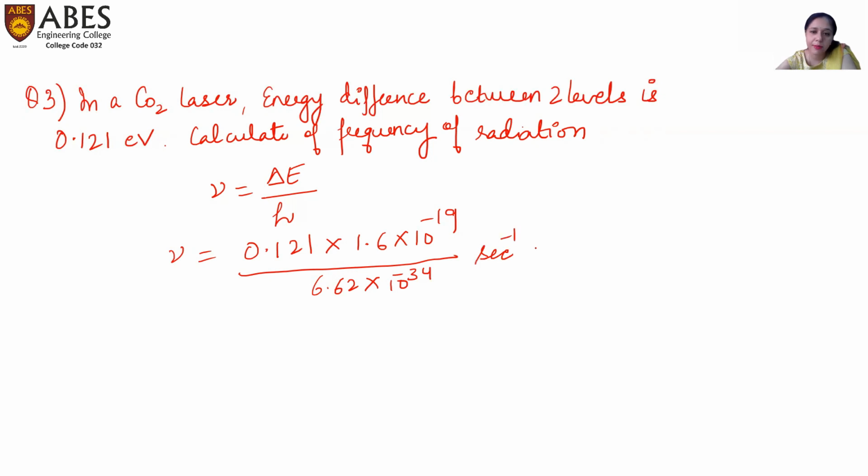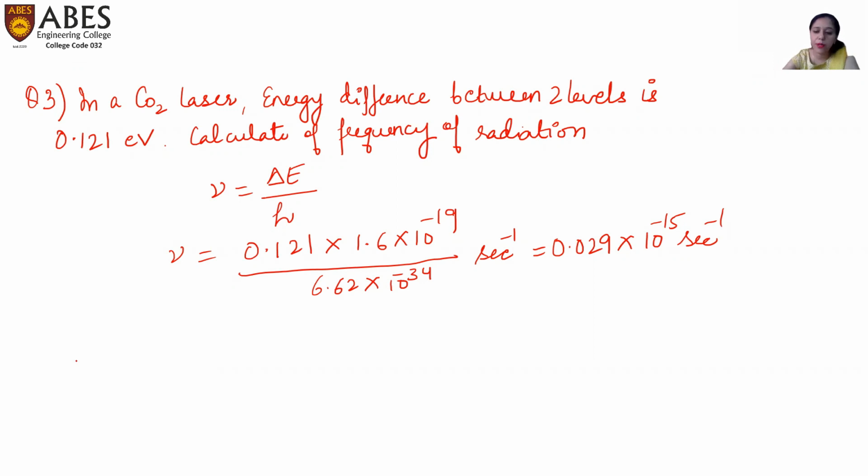So the answer will be 0.029 into 10 raised to the power minus 15 per second. So this is the formula which we have used for calculating energy or frequency of radiation.